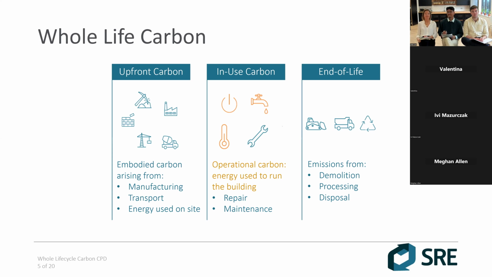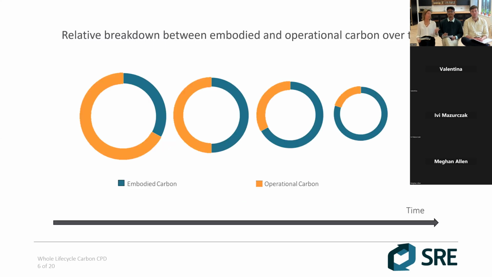Manas has put together this diagram to show two things. The first thing is we do believe that over time, both embodied and operational carbon of developments will reduce. Two reasons. Firstly, as we are focusing on embodied carbon during the design of buildings, it is going to get less, also as more and more low carbon materials become available.